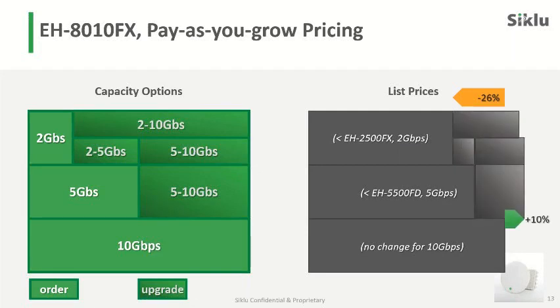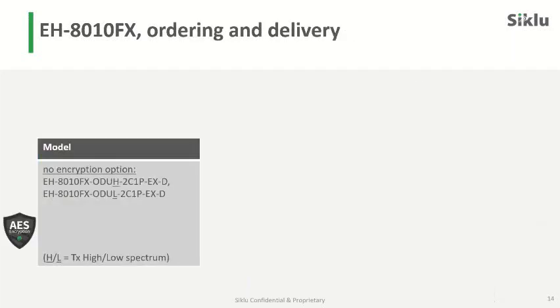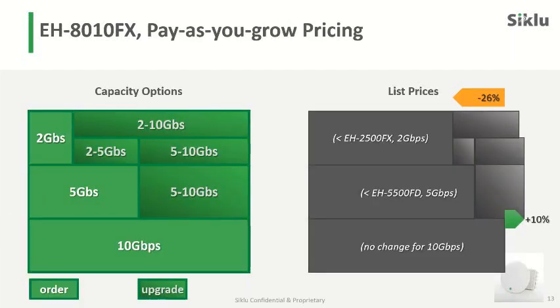And if we look at the different upgrades, you will see that by the time you have added all the different upgrades, if you started at 2 or at 5, you are going to be paying 10% more than you would have paid for the 10 gigabit capacity out of the gate.